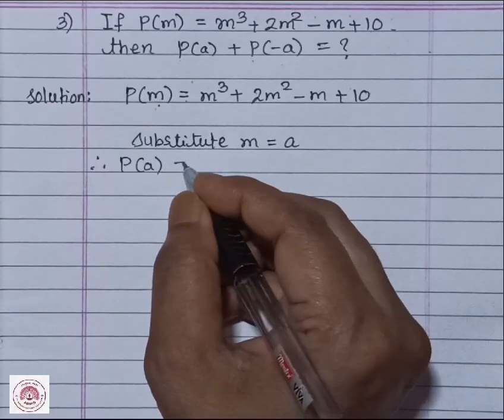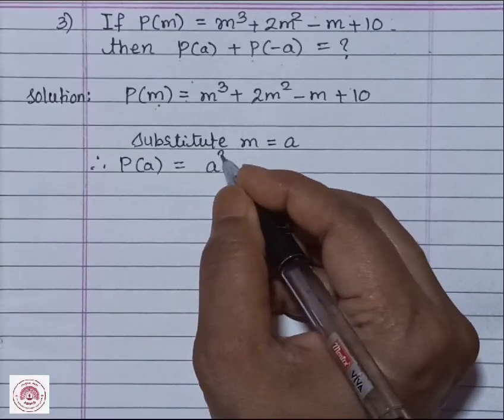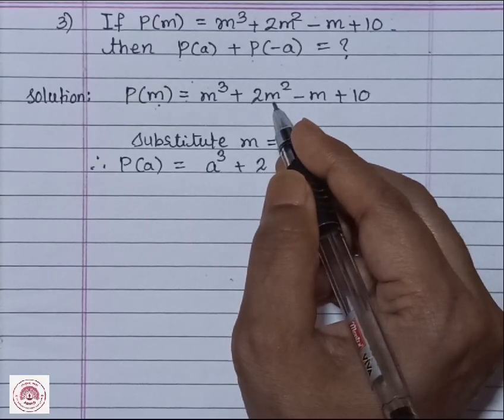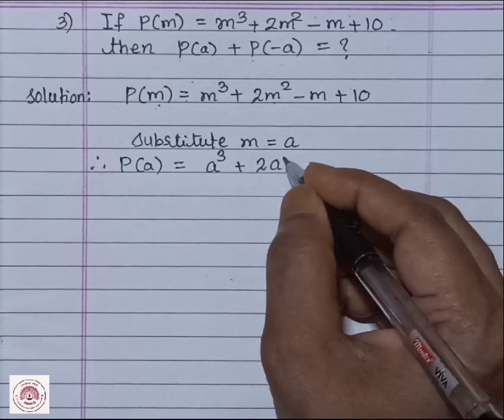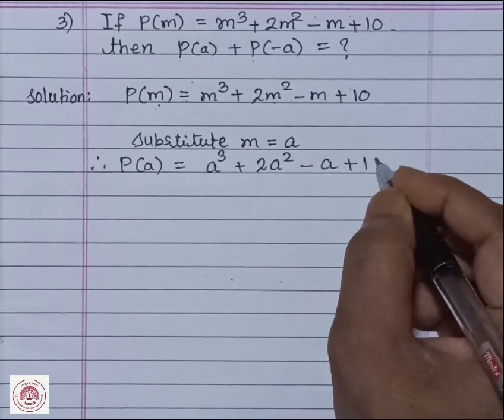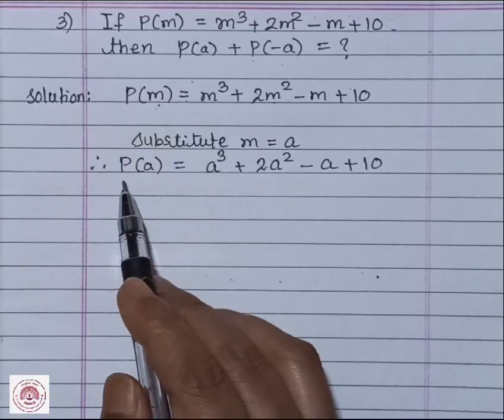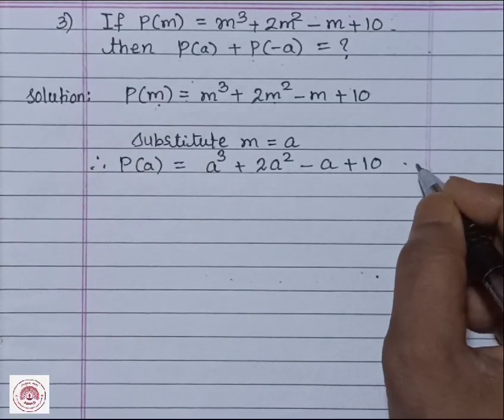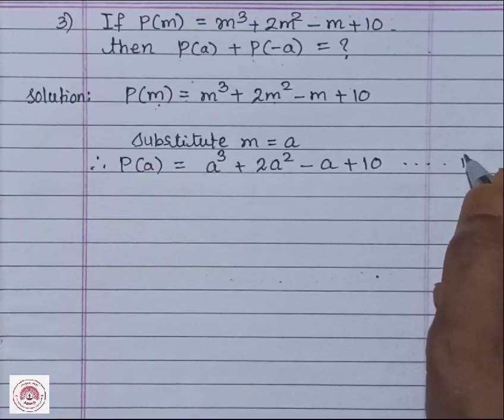So P of a equals a cube plus 2, in place of m we write a, so a square, minus a plus 10. Okay, so this is the P of a value. Let this be equation number 1.